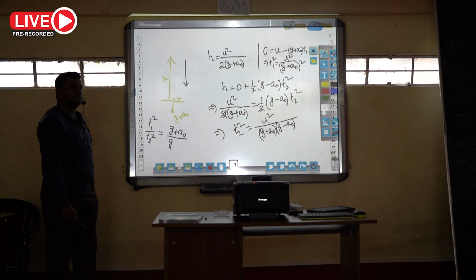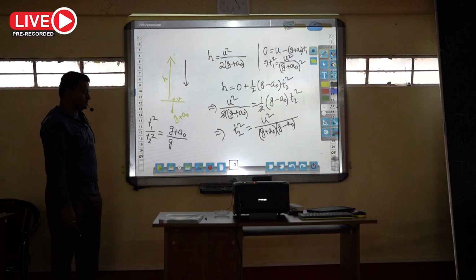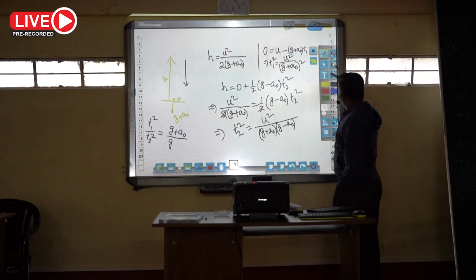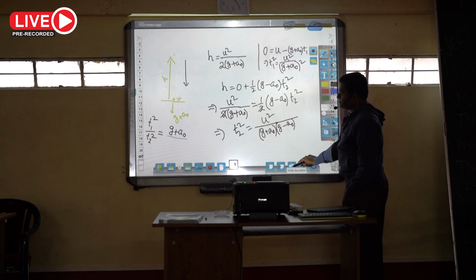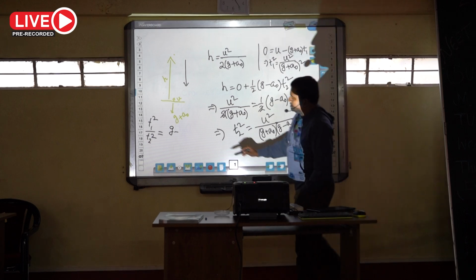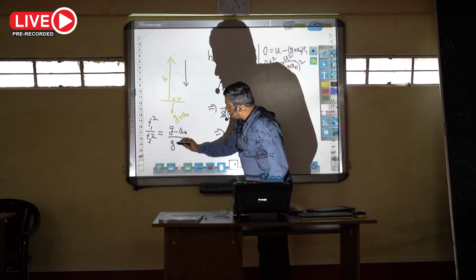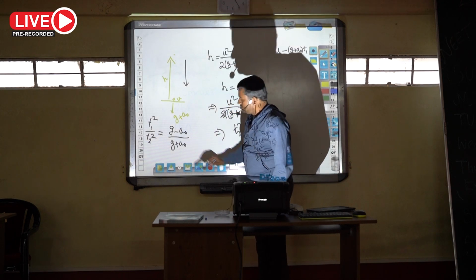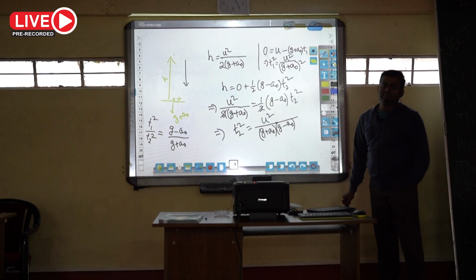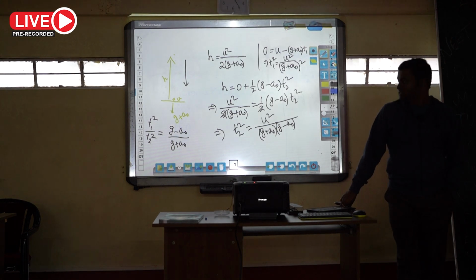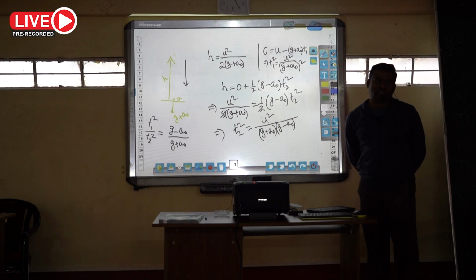No, the opposite is coming: g minus a naught by g plus a naught, it is coming. Okay, then from that you can conclude the answer. g plus a naught is always greater than g minus a naught.